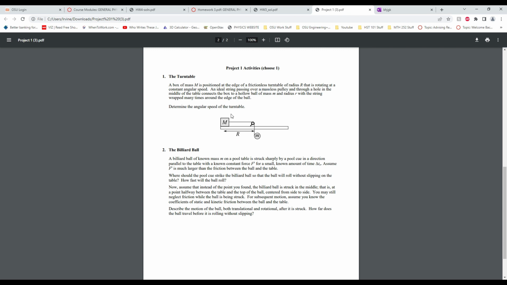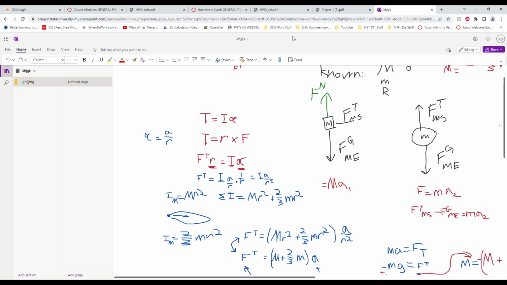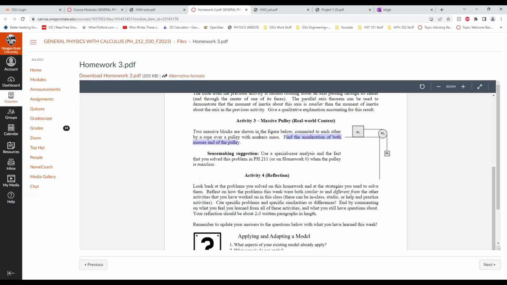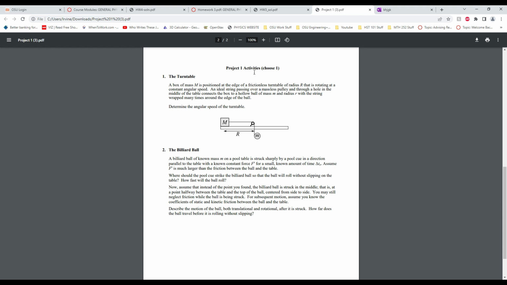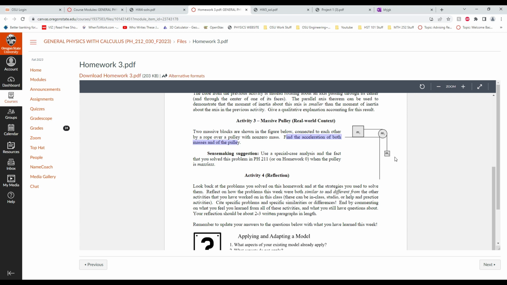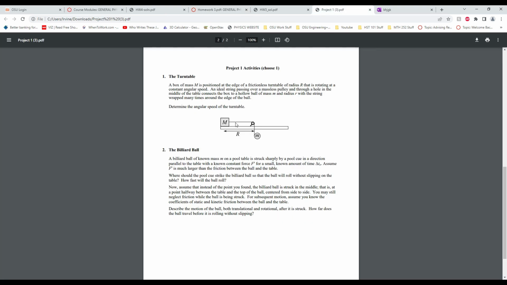We used a variety of different questions, the first one being homework 3, problem 3, which asked us to find the acceleration of both masses and of the pulley connected to each other. This is very similar but also different to our project question, where it now was on a turntable that rotated at a constant angular speed, and instead of an M2 here being just a block, it would now be a hollow ball wrapped with a string of radius r.